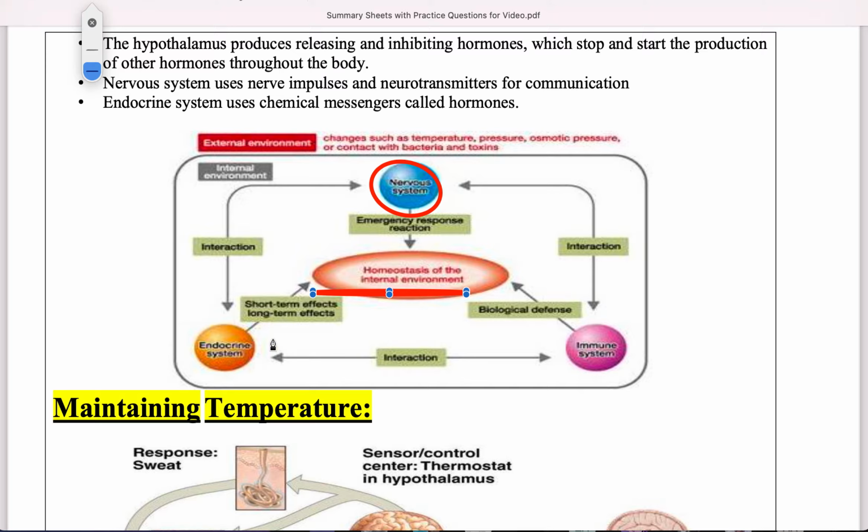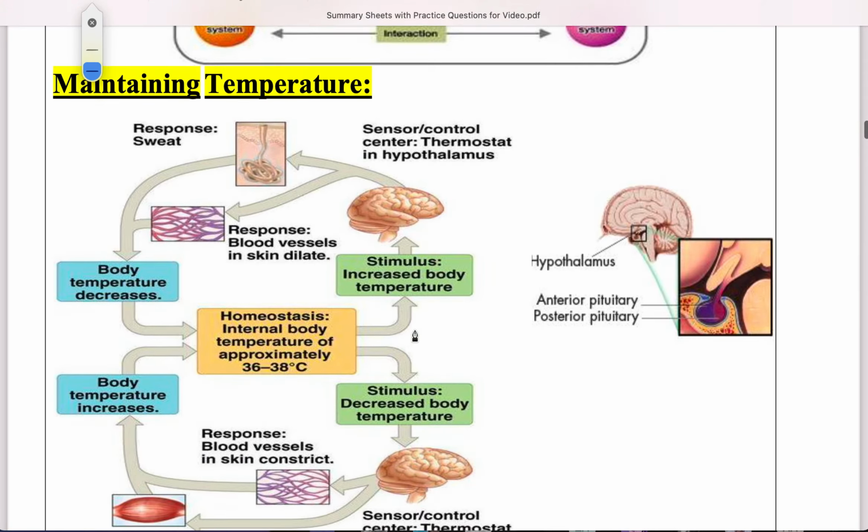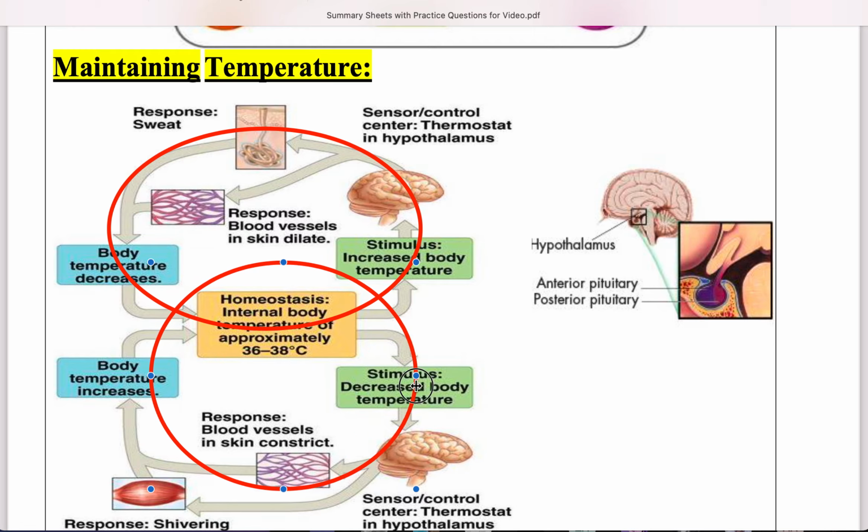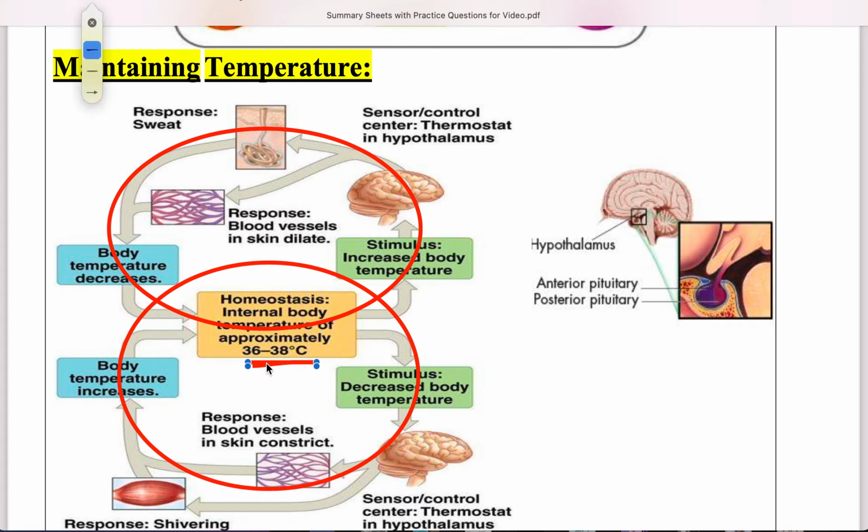But how? Let's look at this diagram. When you are maintaining temperature, boys, focus on this diagram. Always something is in a circle. So this is another circle. When changes happen from the normal, your body brings it back with the help of the negative feedback mechanism. So you can go in either cycle.